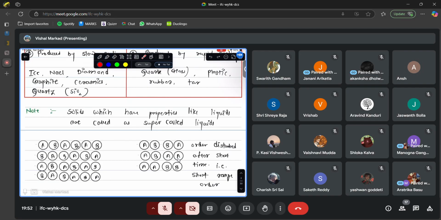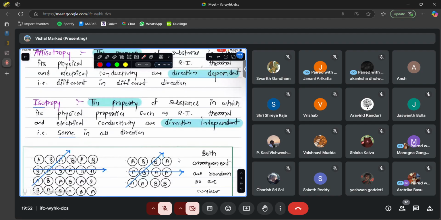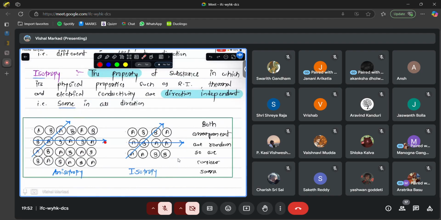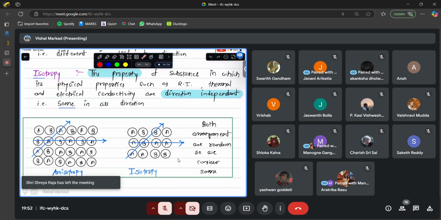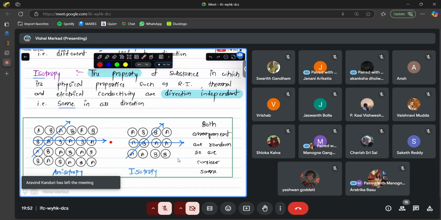Sir, anisotropic, can you repeat again? Anisotropic means, look here. When I'm moving in this direction, the order is the same, B A order is the same. So when I'm moving in this direction, any physical property will remain the same. Now if I change the direction, see here, what is the order here?